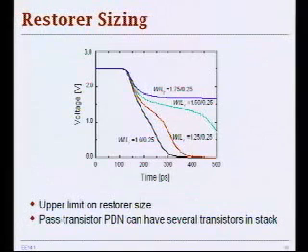restoring inverter. So you can see if you have a wide inverter, it's 1.75 the width of the restoring transistor, it's 1.75 the width. Then you see that the voltage cannot be pulled down to zero.